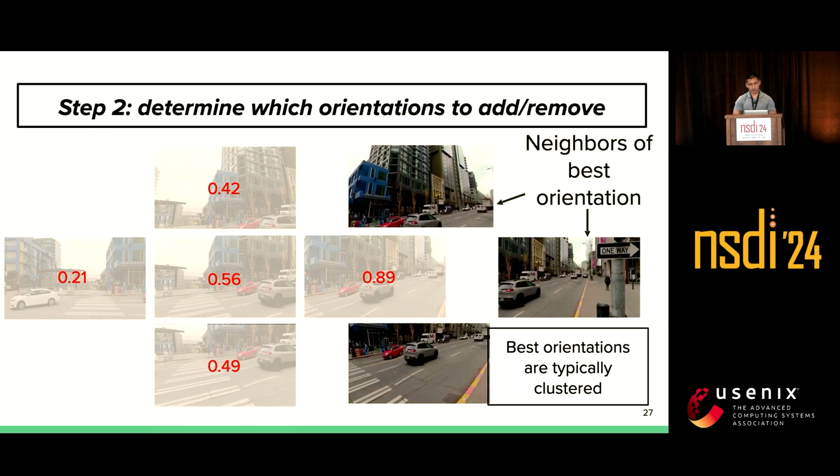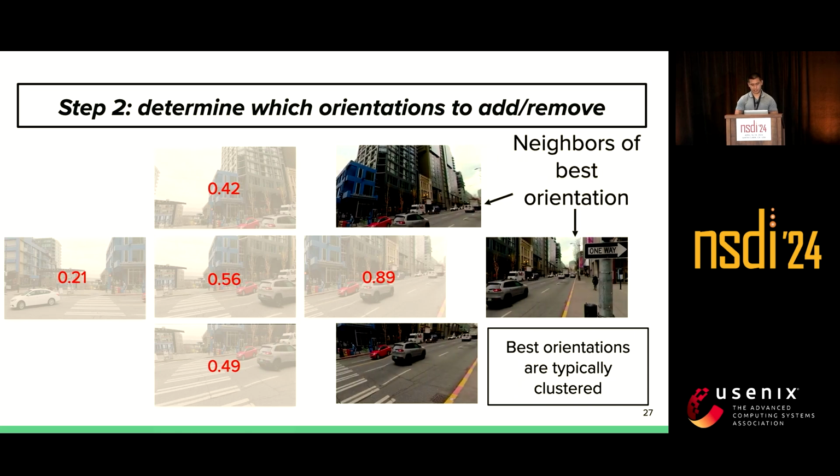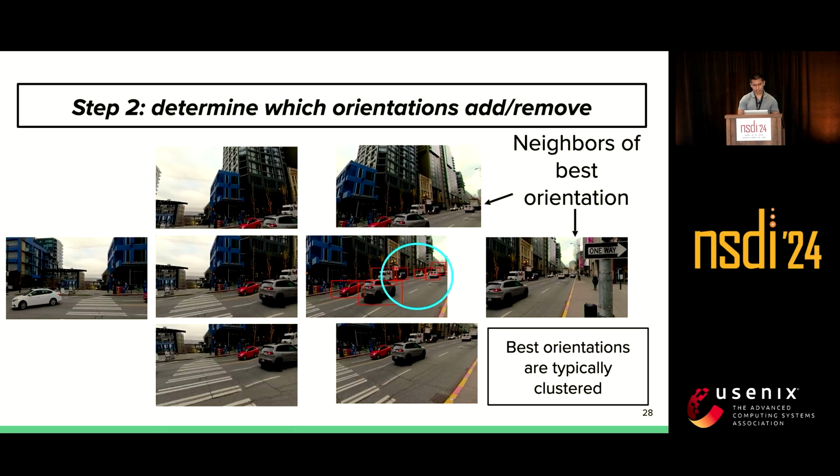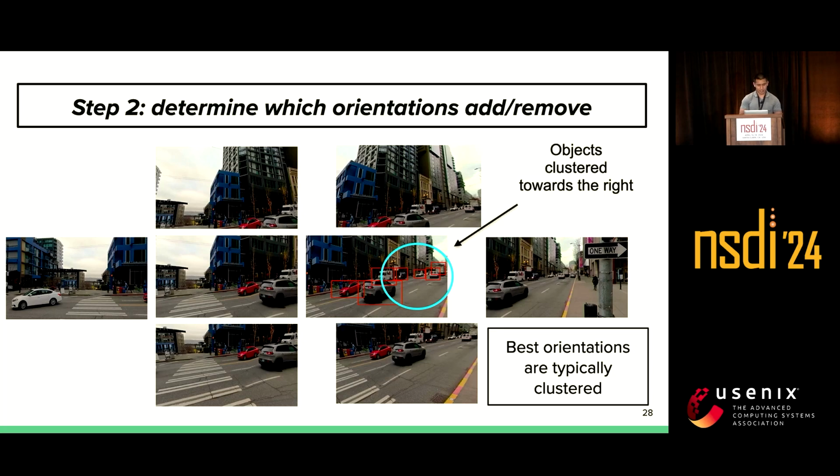Because of this, we consider all the neighbors of the best orientation. To determine which neighbor to add to the set of orientations, we look at where the objects are located in the best orientation. In this example, because all the objects are clustered towards the right, we select the right neighbor of the best orientation to add to our set, and for the camera to explore in the next time step.